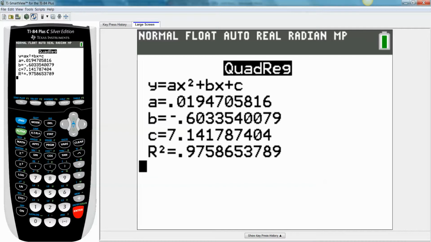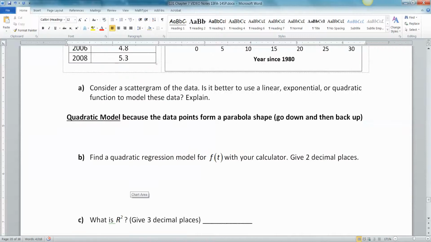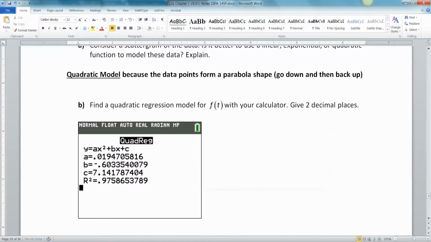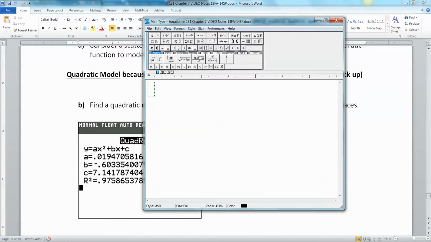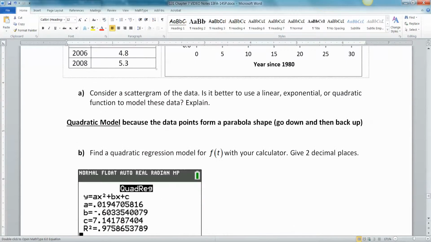All right, so there it ran the quadratic regression. So let me grab that real quick and then go type it up. So the quadratic regression model would be f of t. f of t is our model.